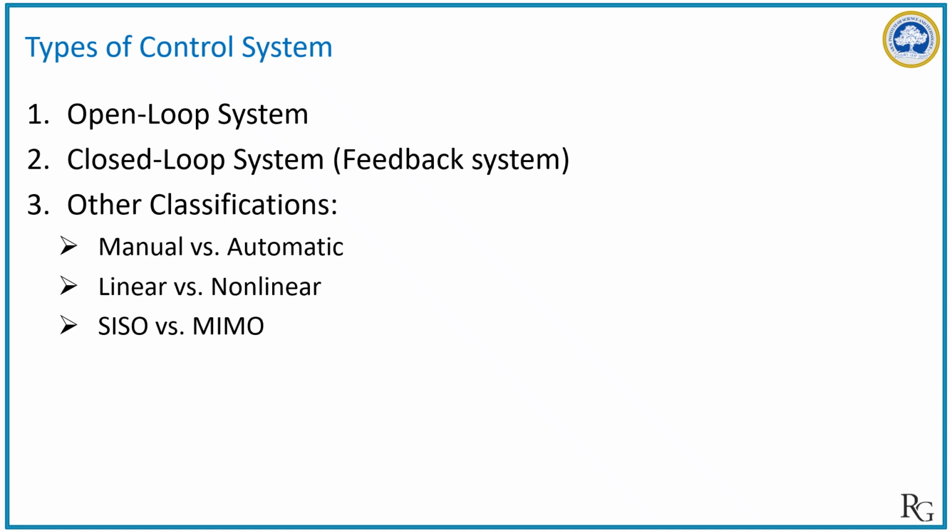The other type of classification of control system can be single input, single output, that is SISO system, or the other one is multi-input, multi-output, MIMO control system. So the single input, single output system, as the name suggests, these systems have one input variable and one output variable.